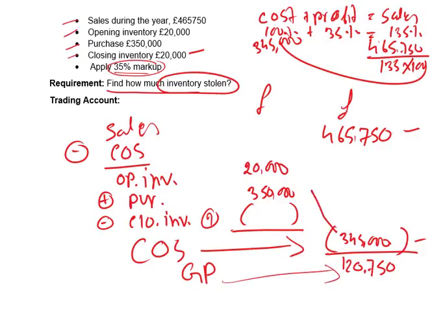Well, now you work backwards. From this figure, you take away these two, you'll get your inventory, which is 25,000.